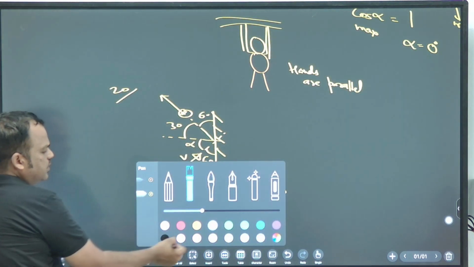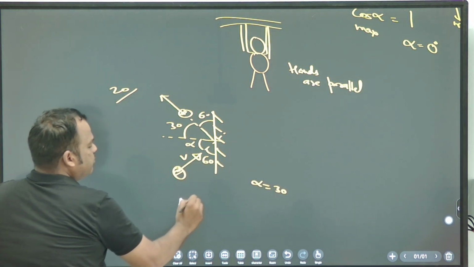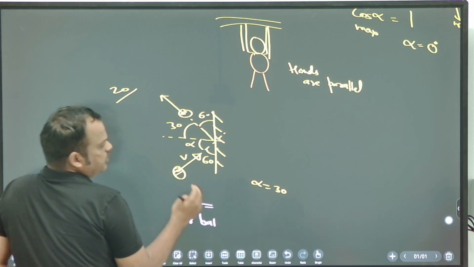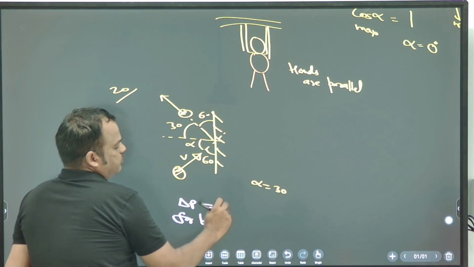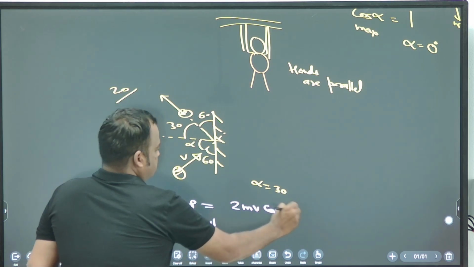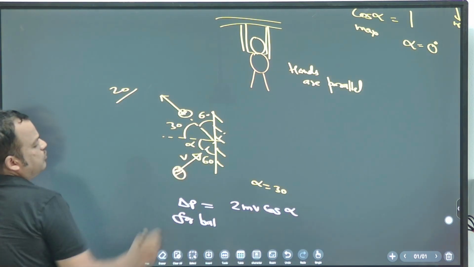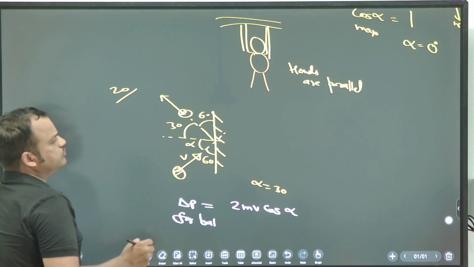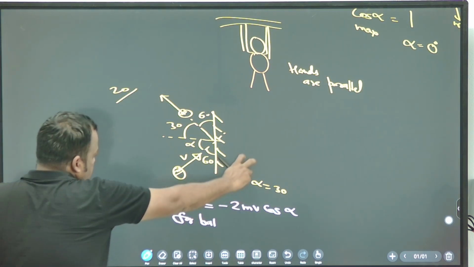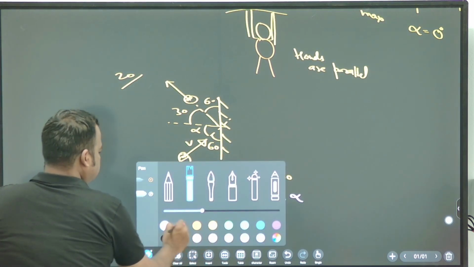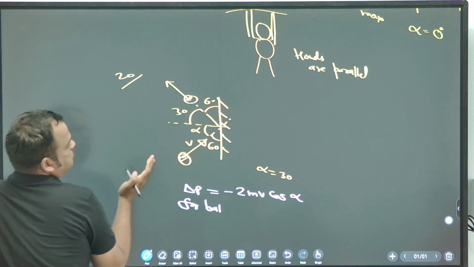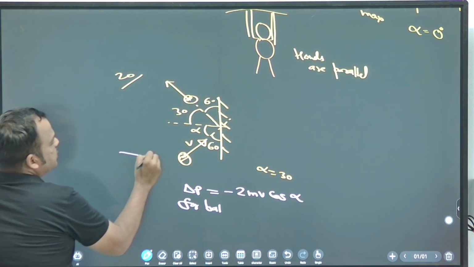So what is the change in momentum? We have done it in class. What is the change in momentum for the ball? Tell me. 2 mv cos alpha, correct? Plus or minus? This is V. So the initial component, this is alpha.